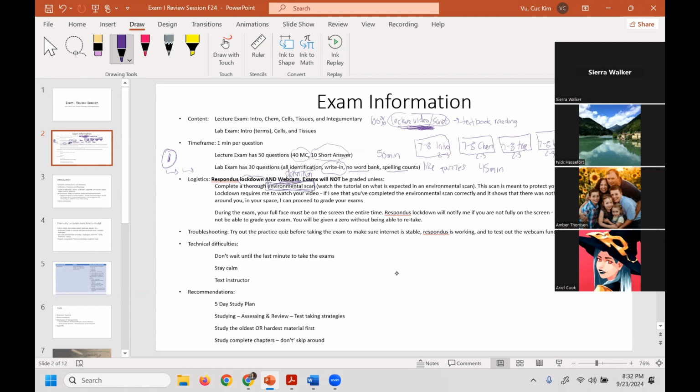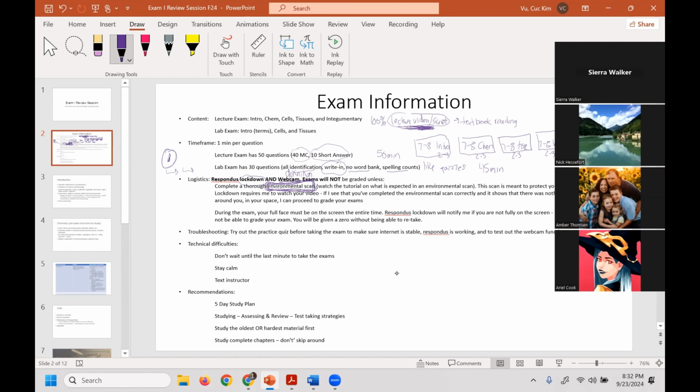It is required and extremely important because if Respondus Lockdown flags you, for example, if it notices that your eye shifts too often to one side, as if you were looking at something you shouldn't be, then I can look at the environmental scan, which shows me your whole surroundings, your right and left. I'm particularly interested in where you're taking the exam.